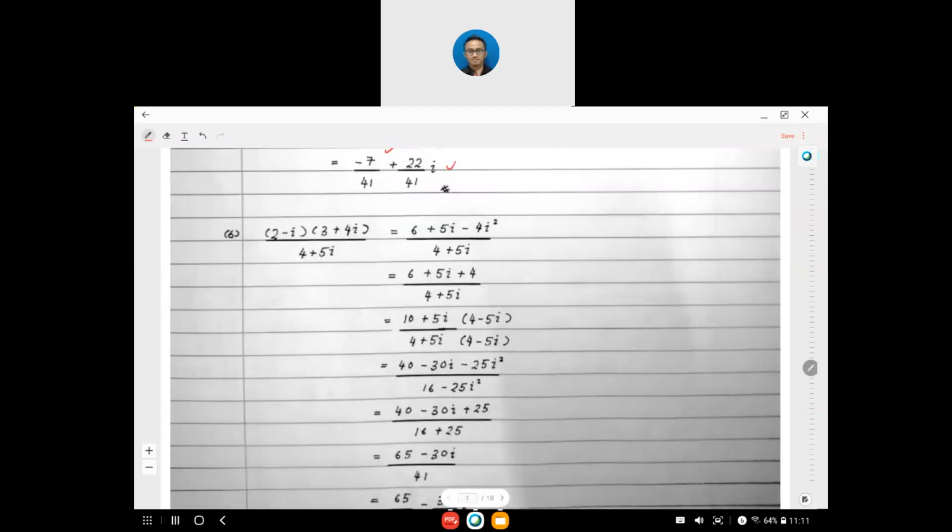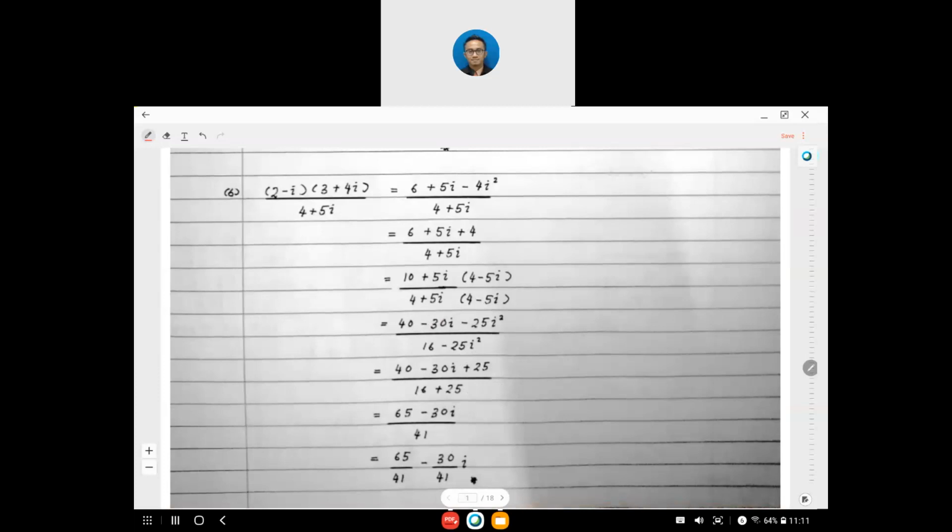And then looking at question B, you have 2 minus i times 3 plus 4i divided by 4 plus 5i. So you must expand the numerator first.